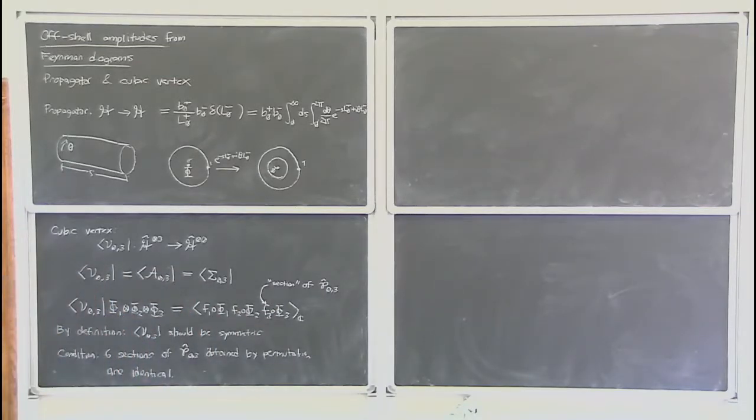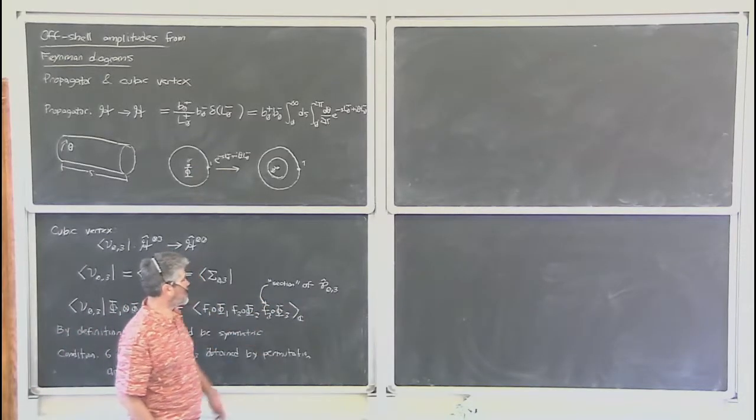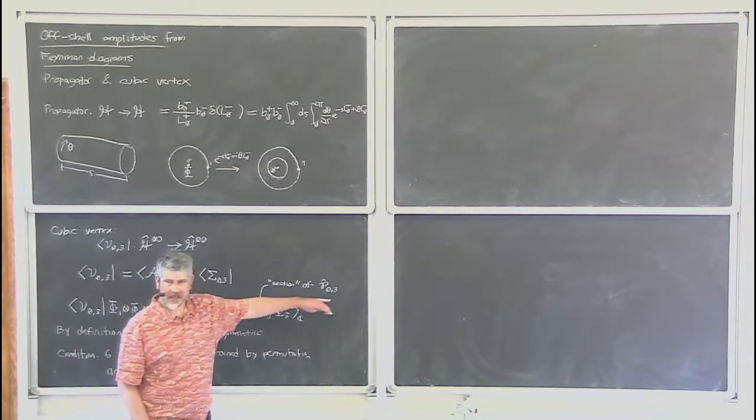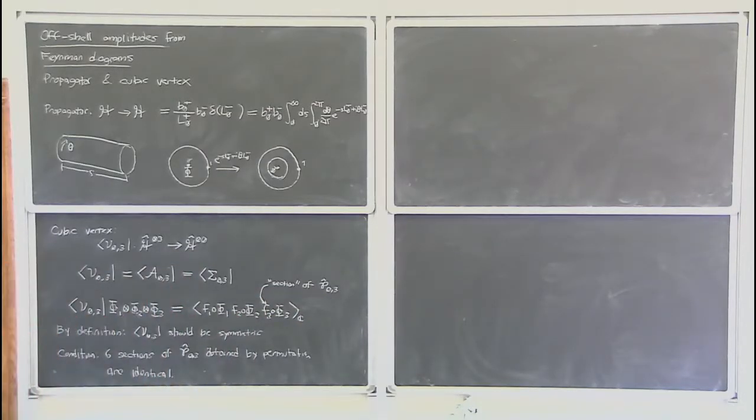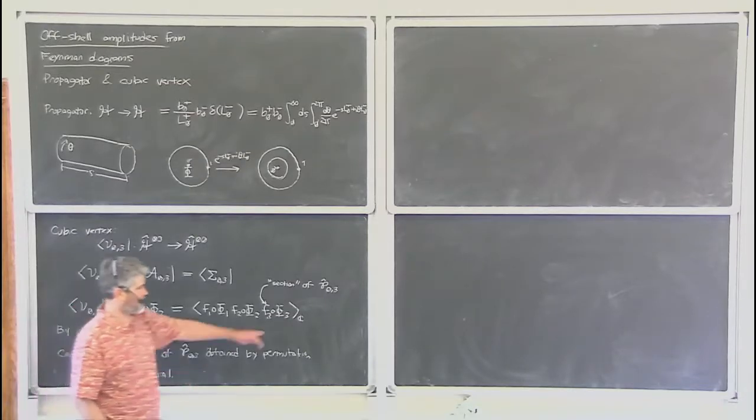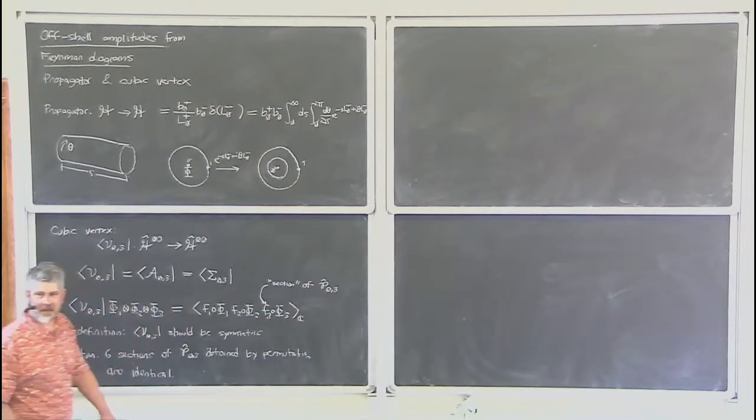Yes, so there's a subspace of this bundle which is symmetric, and we should choose our vertex from that subspace.